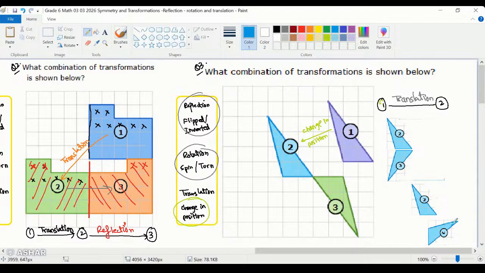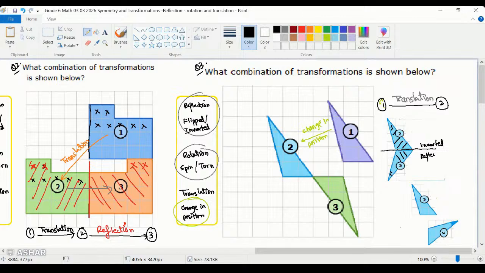So from shape number 2, when we go to shape number 3, if we are doing reflection, then this should happen. Is this happening, which I draw over here? If this would have happened, then the shapes were inverted, right? That would be reflection.